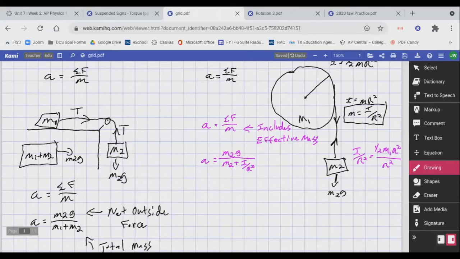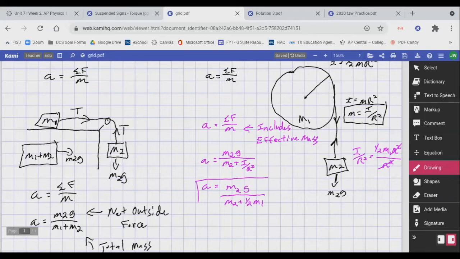The r squares cancel, so the effective mass is basically 1/2 m1. So we can come back down and replace it and say M2G divided by M2 plus 1/2 M1.